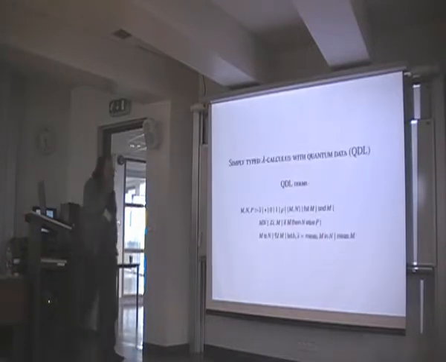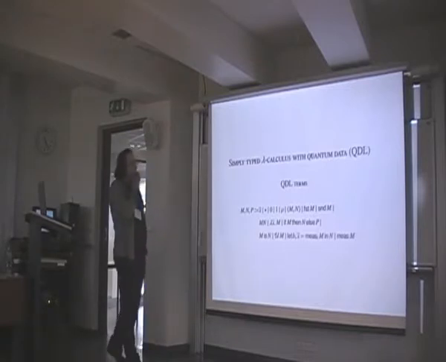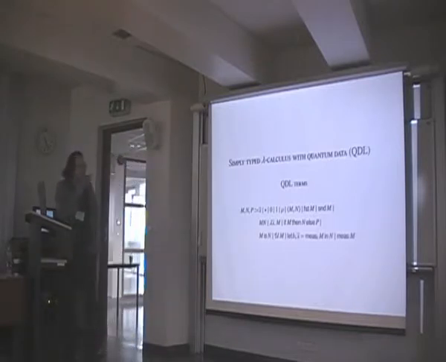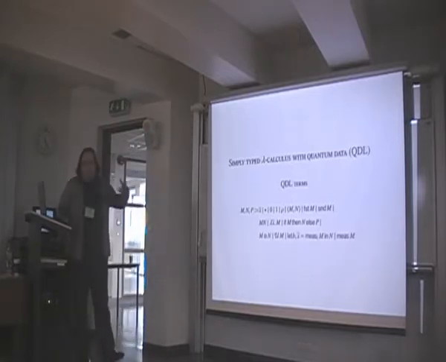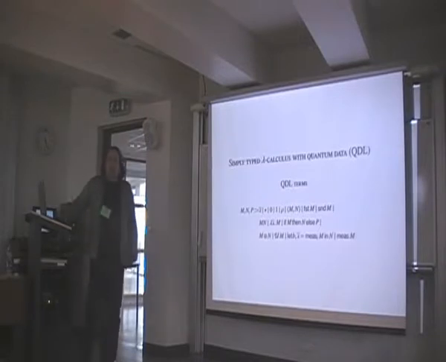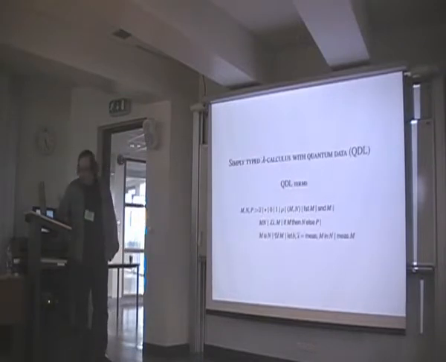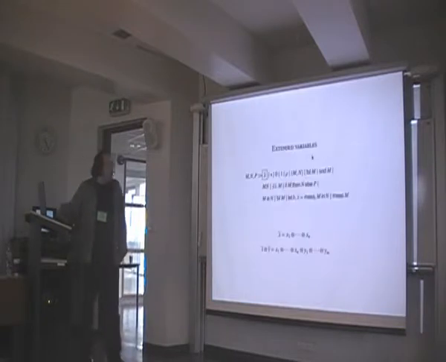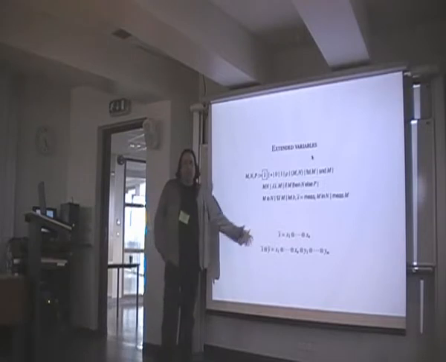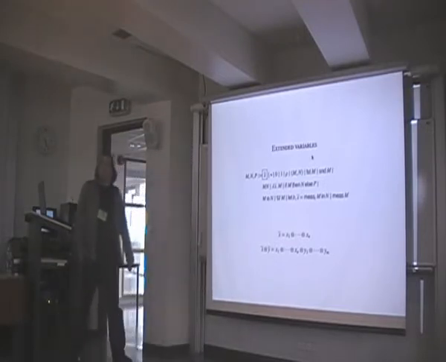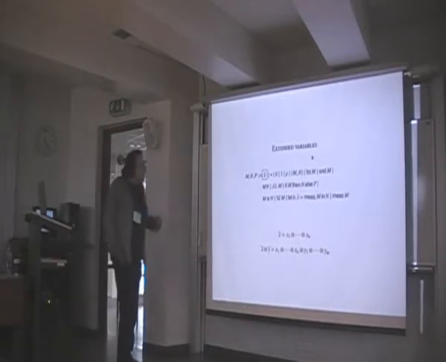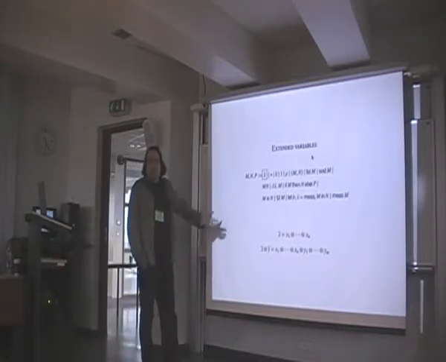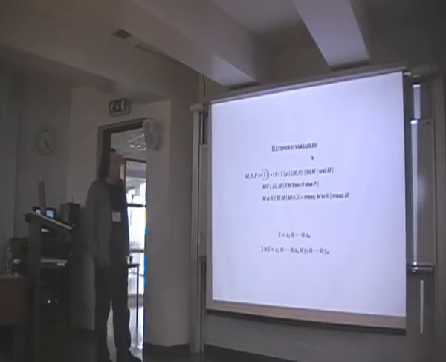So the language I work with is a simply typed lambda calculus with quantum data, QDL for short. The basic syntax is standard lambda calculus, but I will go over the new ingredients and give some examples of simple terms, for you to get a taste of the syntax and what kind of programs we can code in this language.